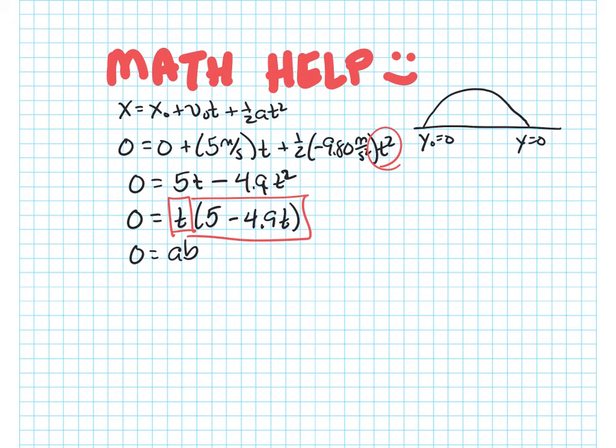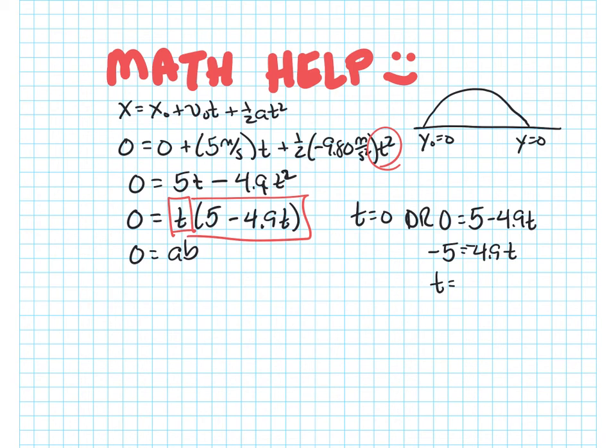So when they're multiplied together, either t equals 0 or 0 is equal to 5 minus 4.9 times t. So that means negative 5 is equal to negative 4.9 times t.